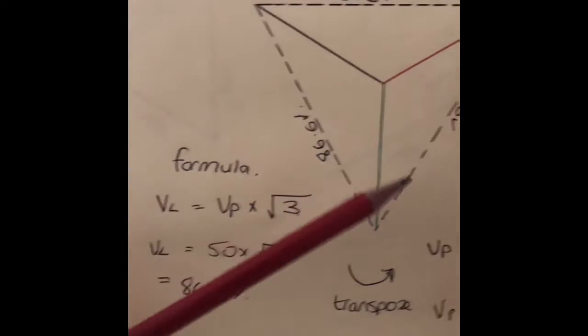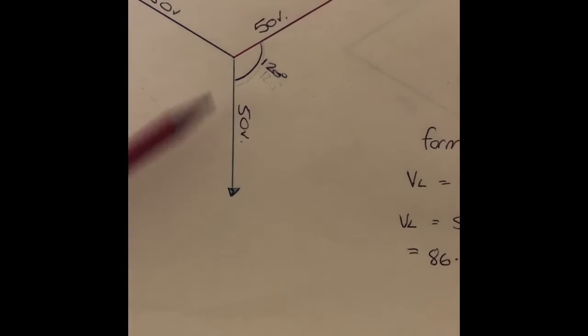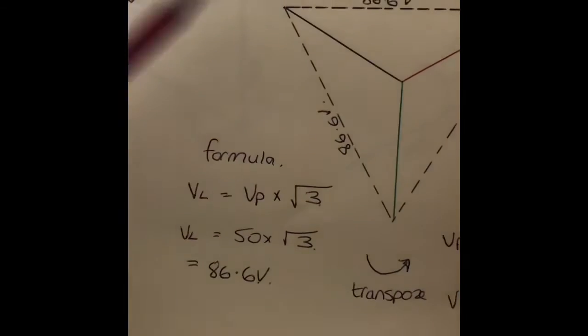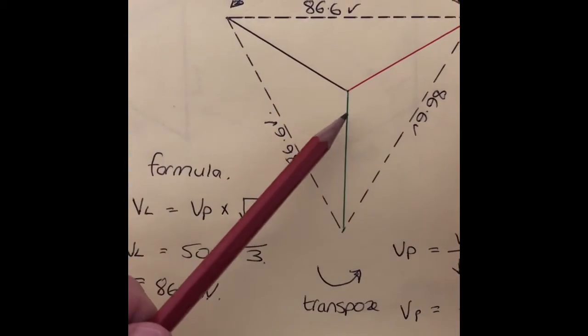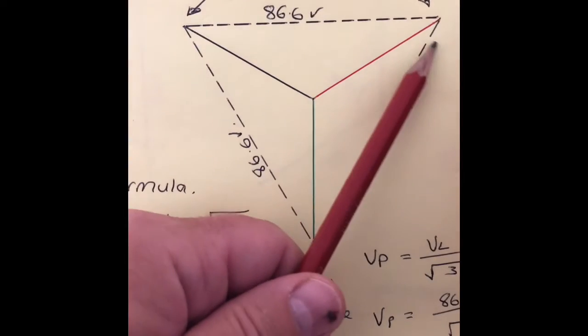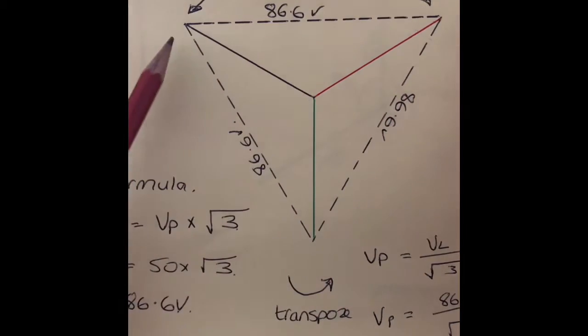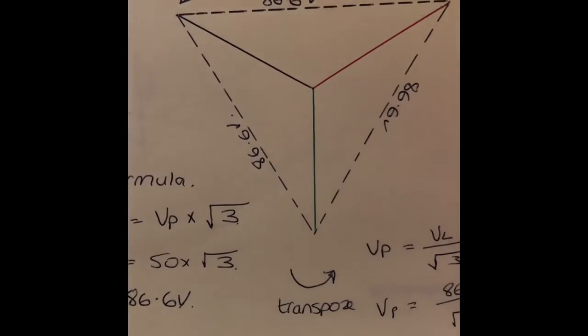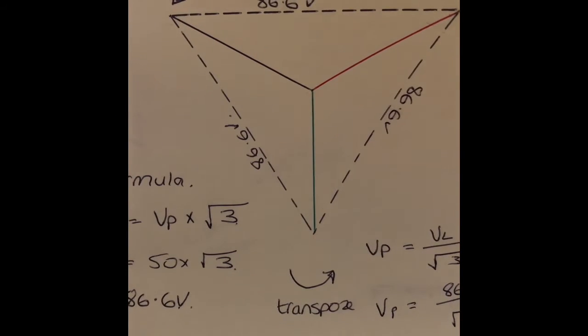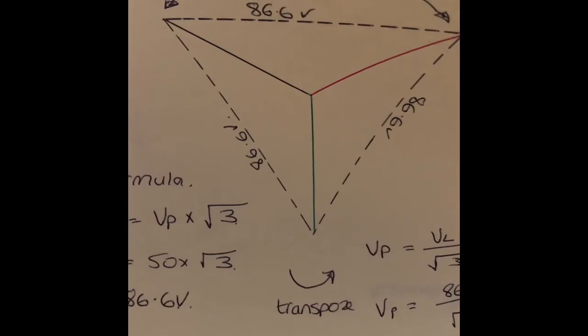So again, if you were to scale this out, I have literally drawn these. These are now 5 centimeters, so I've just scaled it down to the 5 centimeter mark. I've done my 120 degree cycle. If we were to take a ruler, we would actually see that the measurement between these 2 points is in fact 86.6 centimeters.